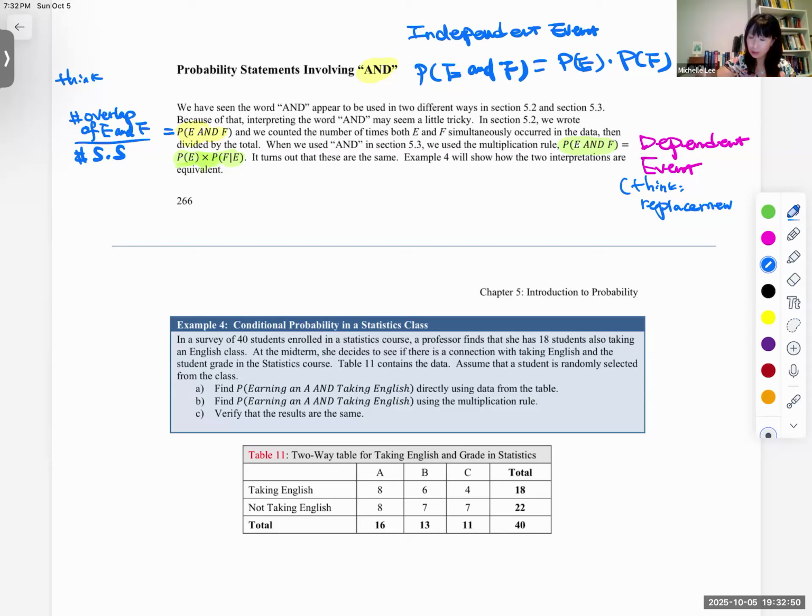Oh man, hold on one second. Yeah, without replacement, right? So if we have the card withdraw, then we have 52 without replacement, then 51, 50, and so on, like that, right? So dependent, yeah. And this one is with replacement.